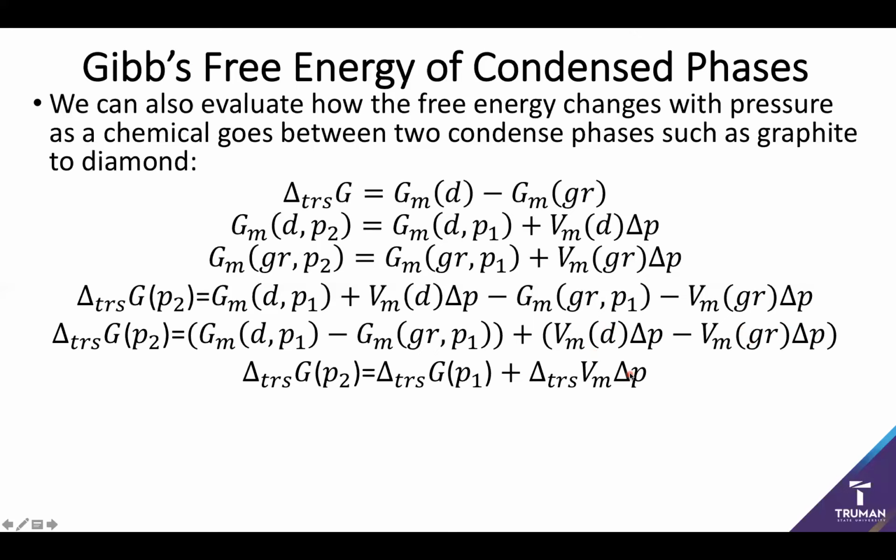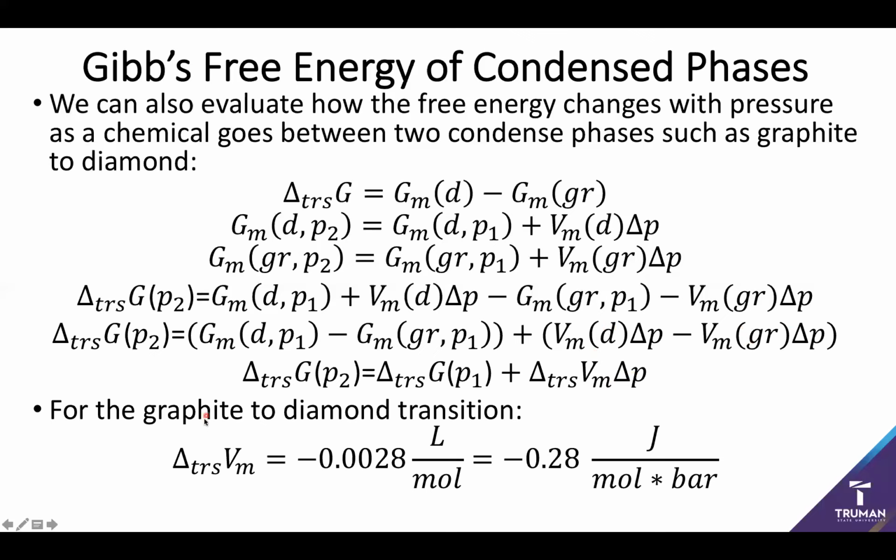If I'm looking at turning graphite into diamond, it turns out that this has a molar volume of transition that is a negative value of about -2 milliliters per mole. But this has a really important influence, because we can also put this in terms of energy units.